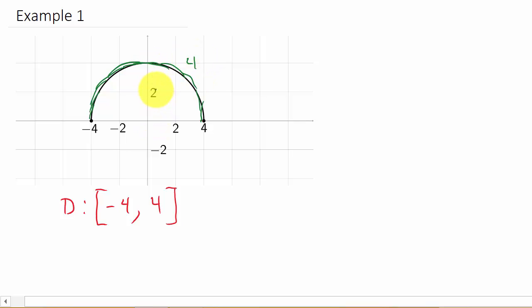These are in twos. Then it comes back down to where y is 0. So our range is from 0 to 4. There's the domain and there's the range.